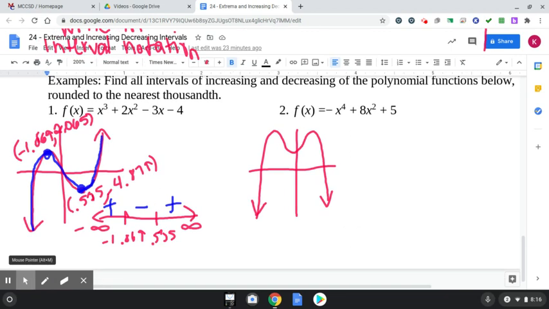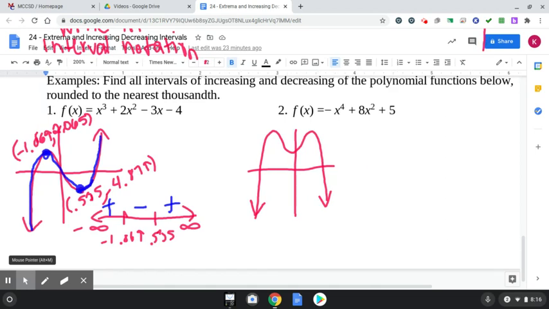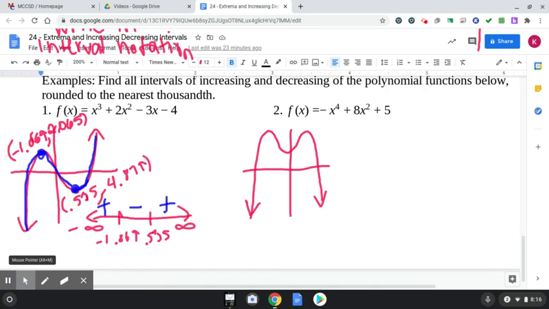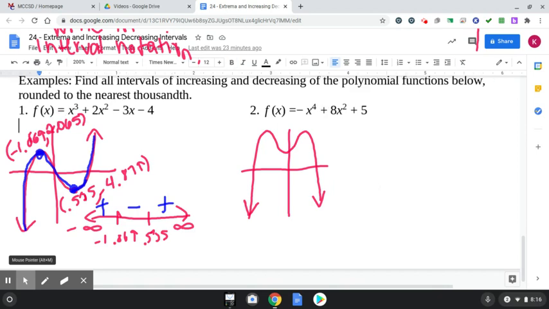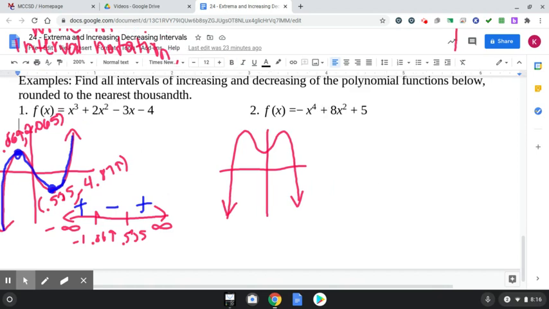So my interval is going to literally just come right off of the number line, essentially. So for increasing, this is still for number 1. For increasing, we start off at negative infinity.